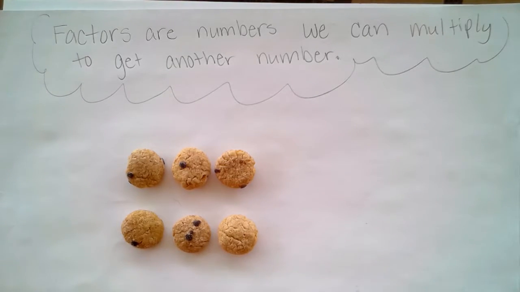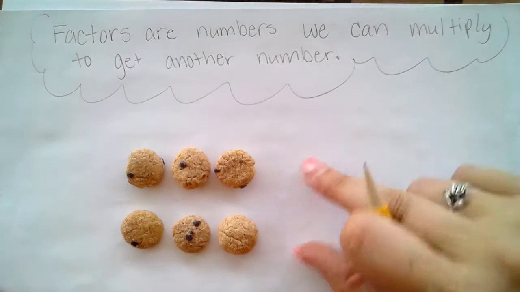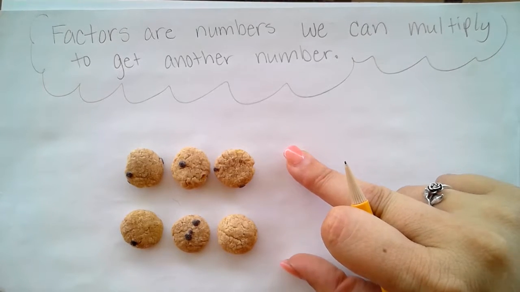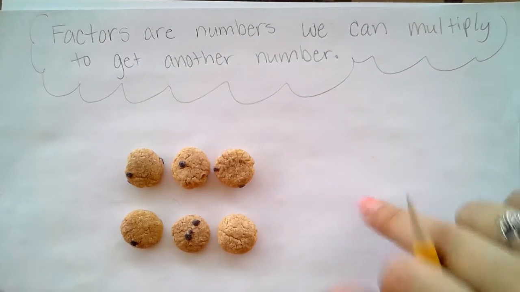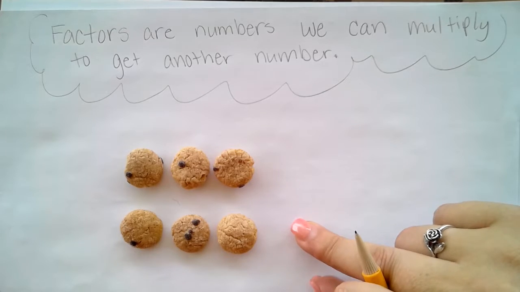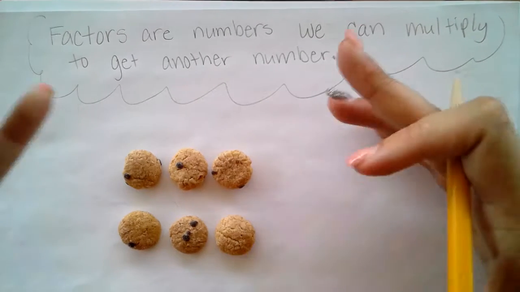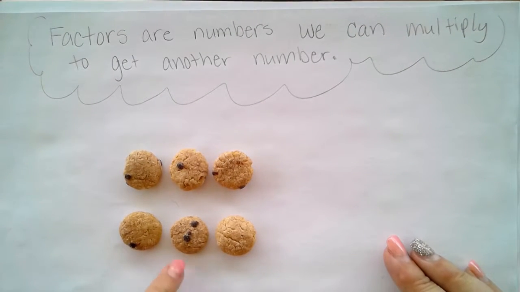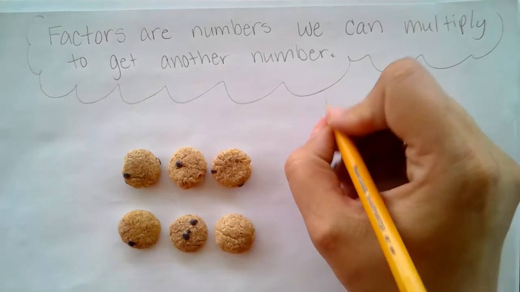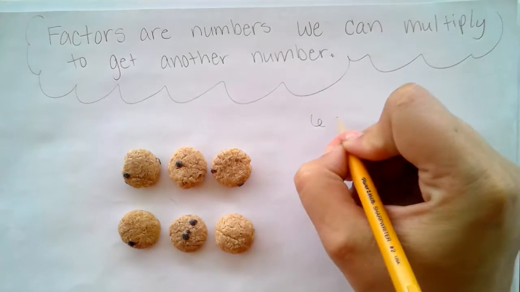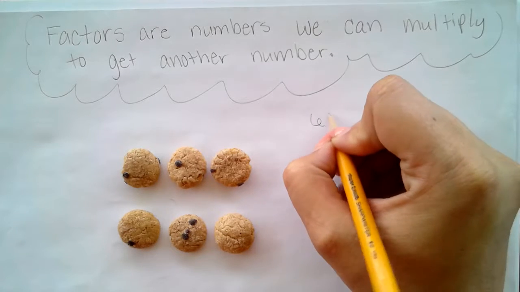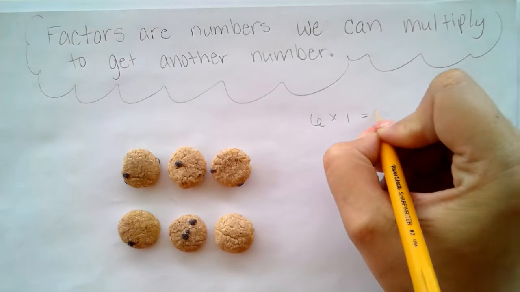So because I can do an array other than the 6 times the 1, that means 6 can be factored. So the factors of 6: I can do 6 times 1, which equals 6.